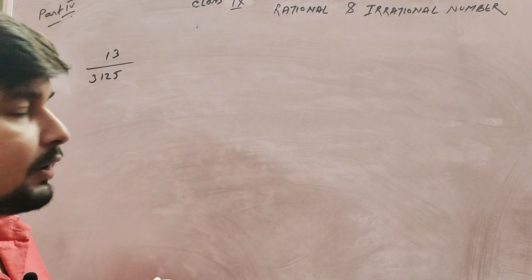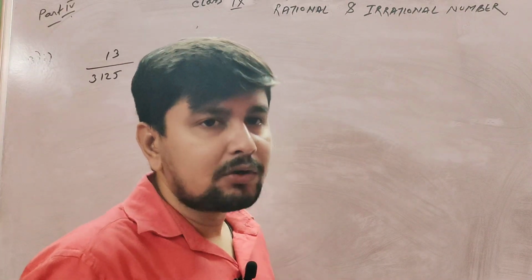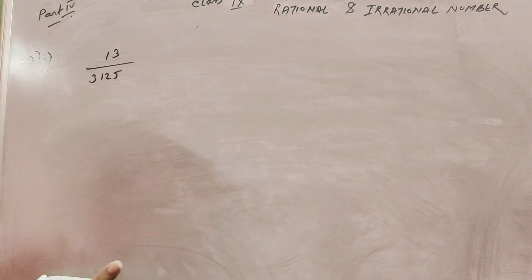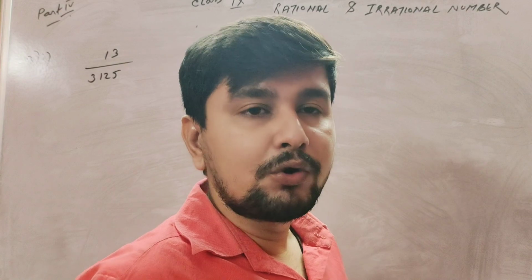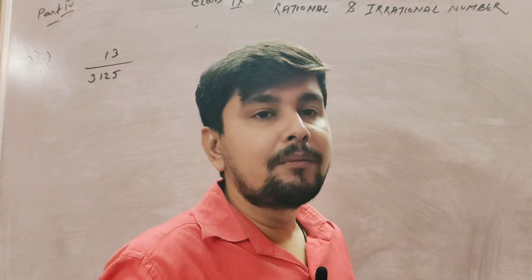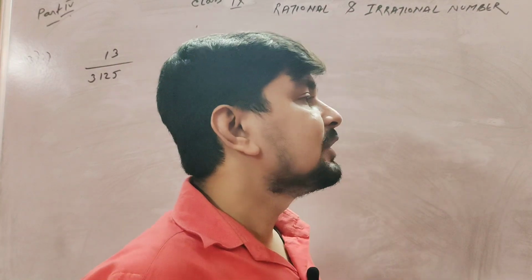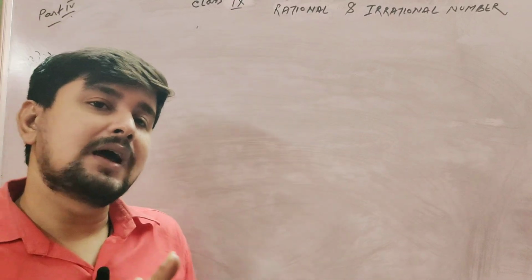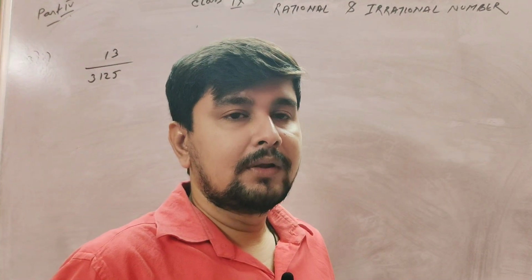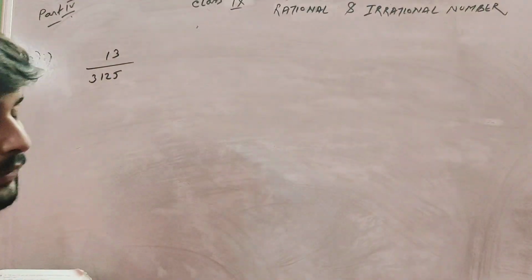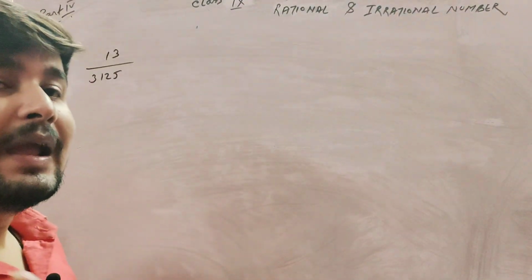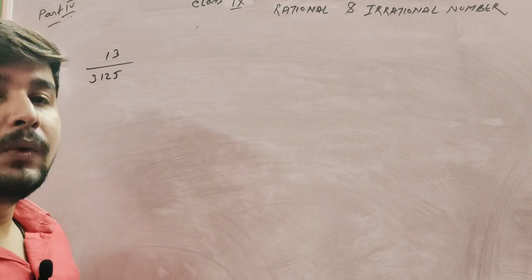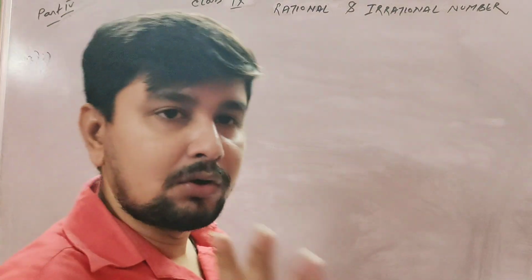If the remainder never comes 0, that means non-terminating, but without actual division. We already learned that if the denominator has factors 2 or 5, or 2 and 5, then it is terminating. If any other factor comes other than 2 and 5, then it is non-terminating.